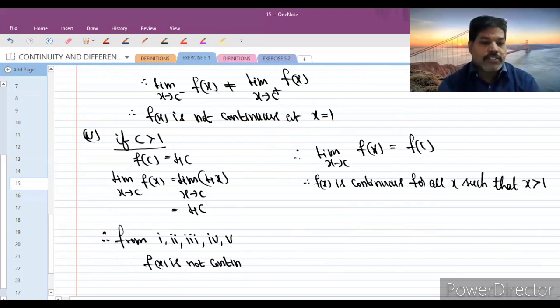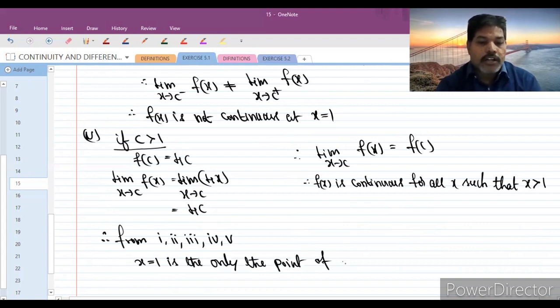Otherwise, we can write that x is equal to 1 is the only point of discontinuity of f.